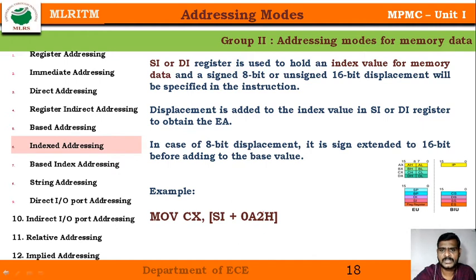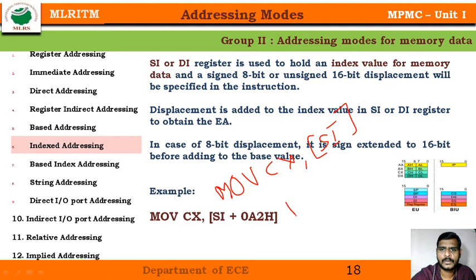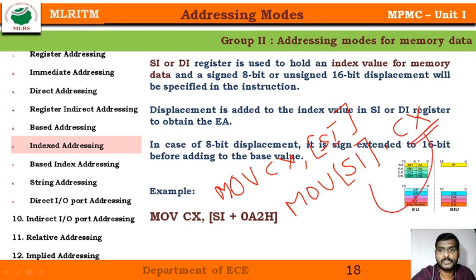Why should I use a displacement here? It is not required. I can write an instruction without displacement, like move CX comma SI, or I can write move SI, which means I'm using my index register as the destination with a pointer. Whatever content is present there is moved into one of the index registers.